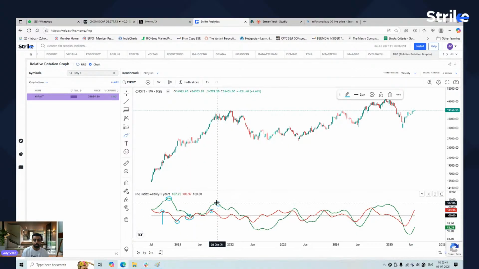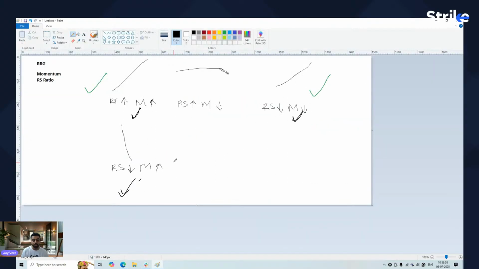You will see this pattern almost everywhere. Not almost, but each time you will see this happening. Over here also, momentum has bottomed out first, and then it is the RS ratio that turns around. So that is why I mentioned that focusing on momentum is also extremely important, right?